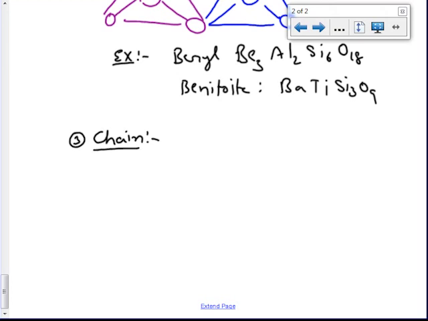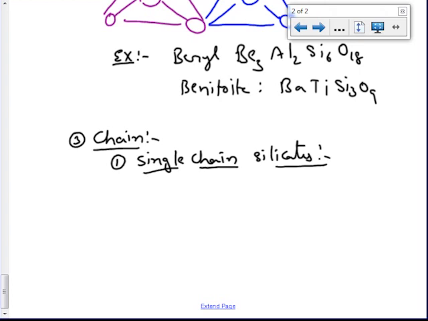So chain means like a straight chain. It has single chain and double chain, again two types. First one is single chain silicates.